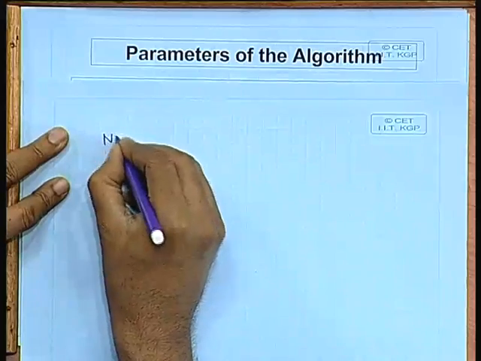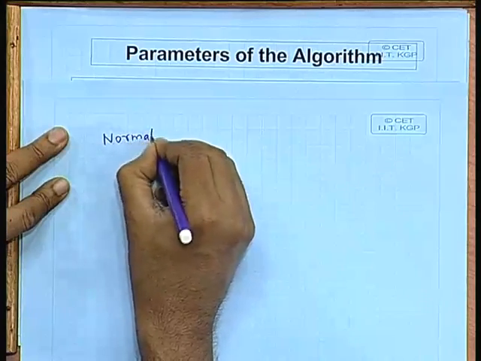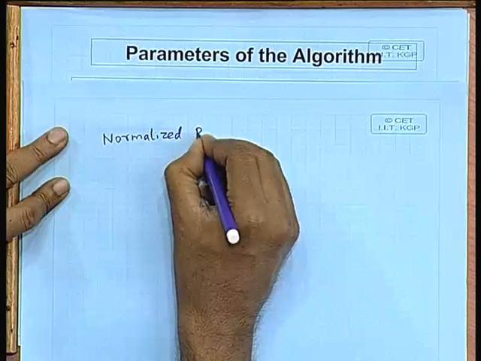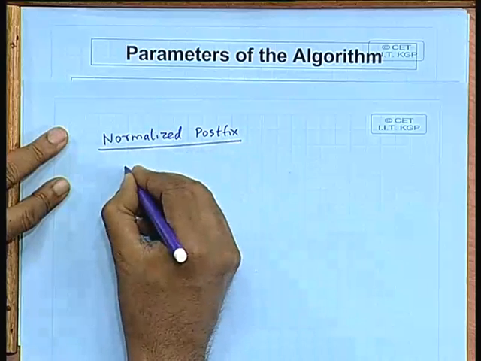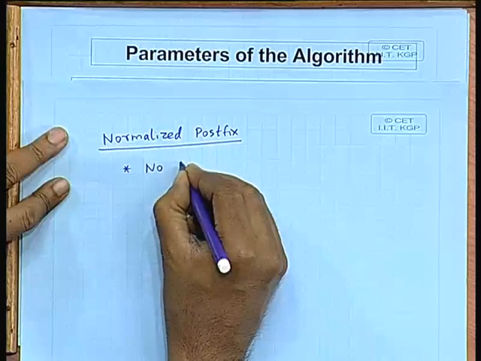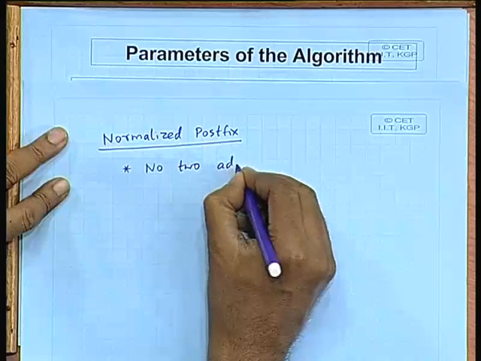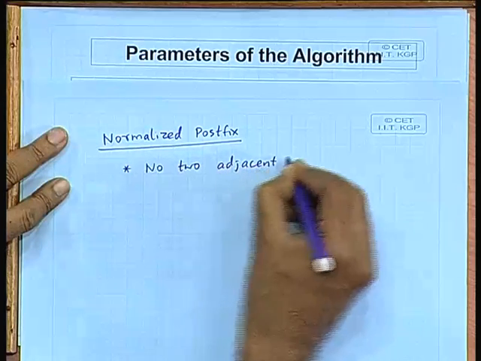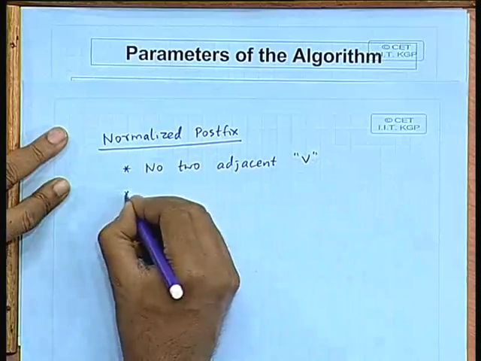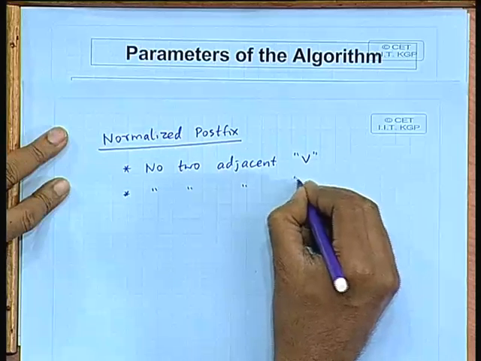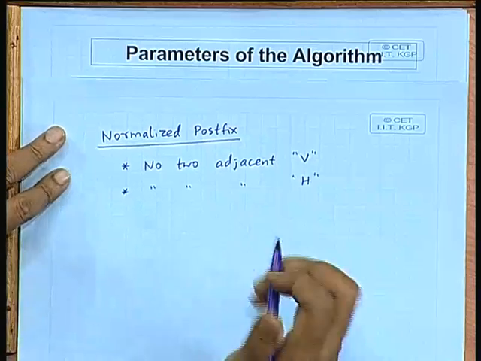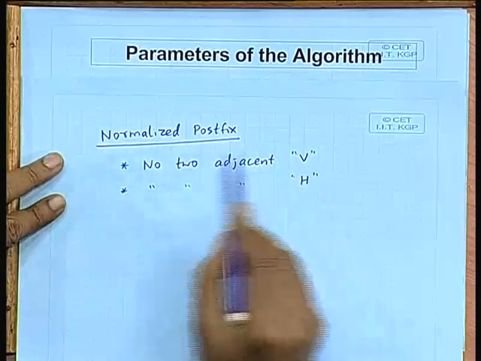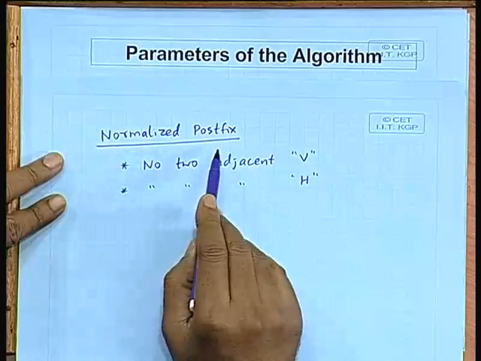If you recall, the requirement was that there should be no two adjacent vertical or no two adjacent horizontal operators, and in this scheme all the solutions are constrained to correspond to normalized postfix expressions.